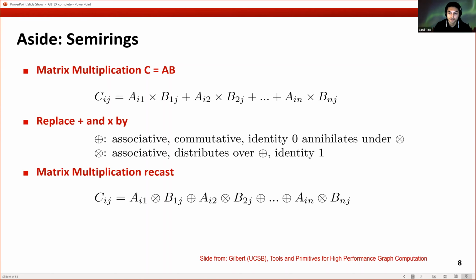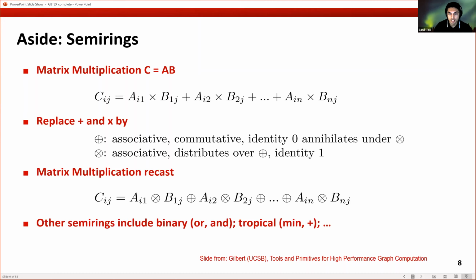Now we are able to generalize matrix-matrix multiplication by overriding the addition and multiplication operations with new definitions given to us by the semi-ring. Some examples of these types of semi-rings would be a binary semi-ring, which has the addition as or and multiplication as and, and the tropical semi-ring, which has the addition as the minimum and the multiplication as addition.